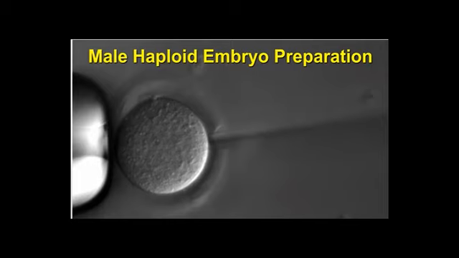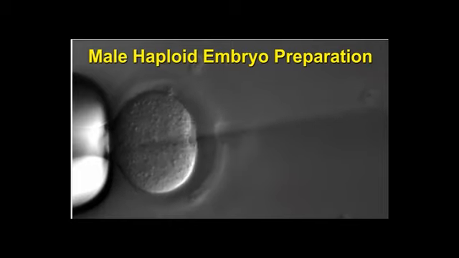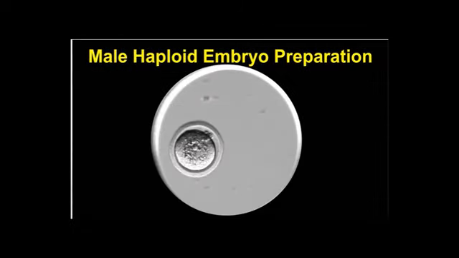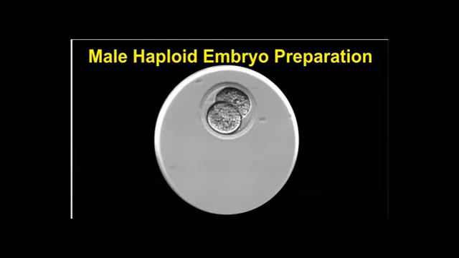We then perform the piezo-actuated ICSI by injecting a single sperm head into the ooplast. The resulting male haploid embryo will demonstrate a single pronucleus, as shown in the blue circle. And 16 hours after the insemination, this is a cleaved male haploid embryo. Each cleaved blastomere contains an exact cloned copy of the sperm genome.